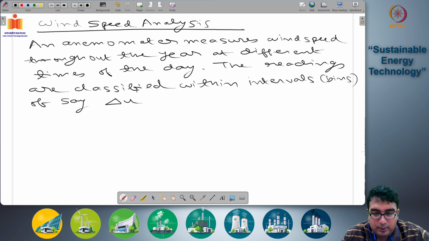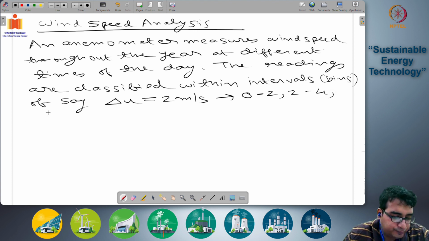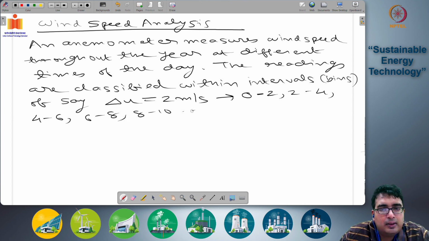So in the actual graph that we showed, velocity intervals were 1 meter per second. We can also say velocity intervals of 2 meters per second, and non-uniform velocity intervals can also be chosen. Okay. So if you take a velocity interval of 2 meters per second: 0 to 2, 2 to 4, 4 to 6, 6 to 8, 8 to 10, and this goes on up to, say, 20 to 22 meters per second.